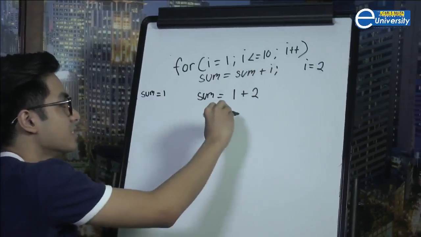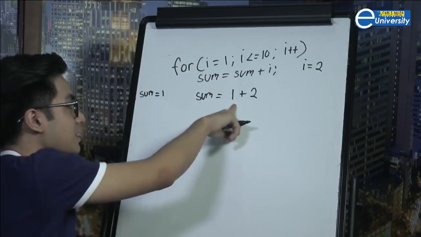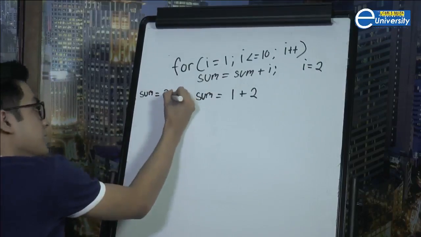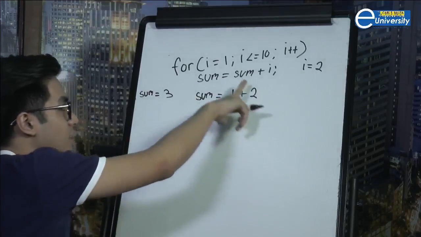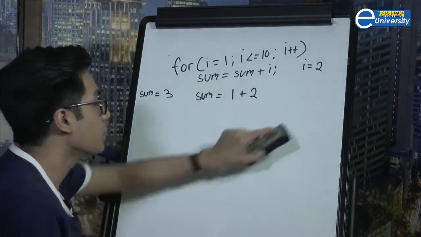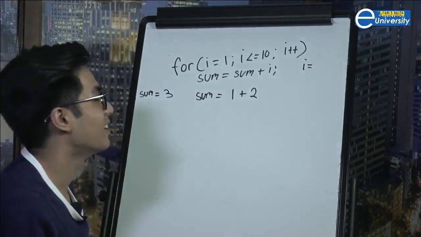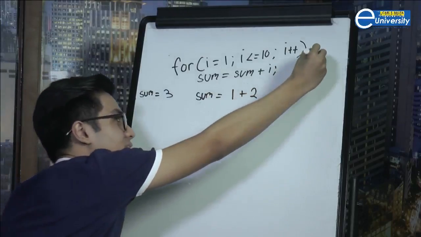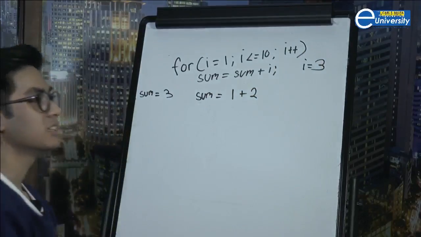After this, the sum would get the value 3. Then, since all the statements inside the for loop have been executed, we would add I plus plus again to I. So I would now get 3.